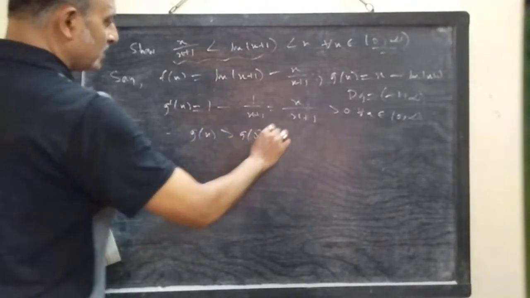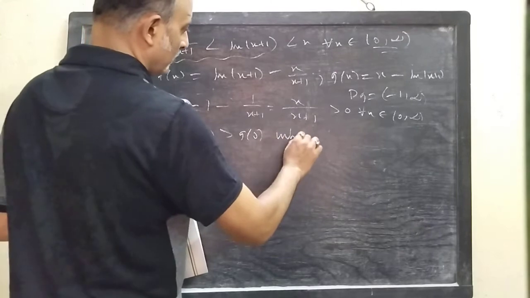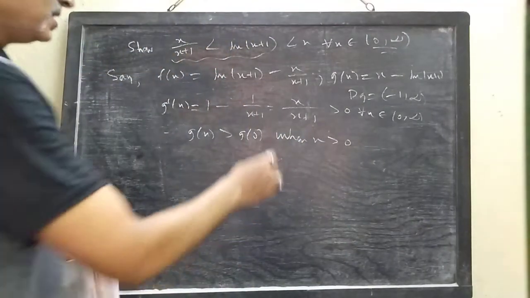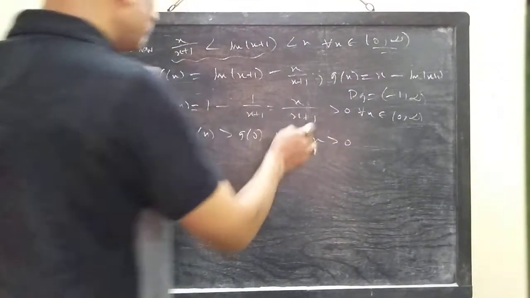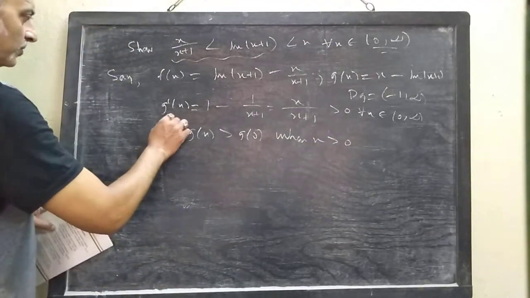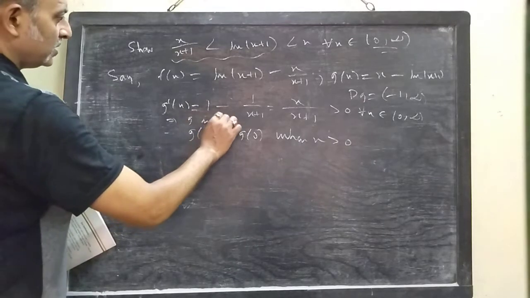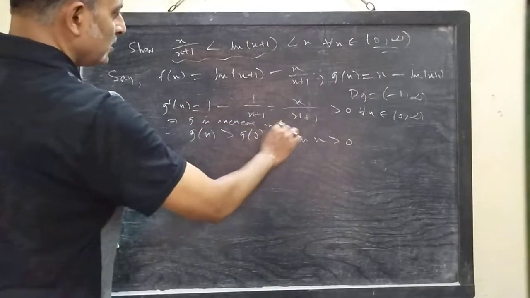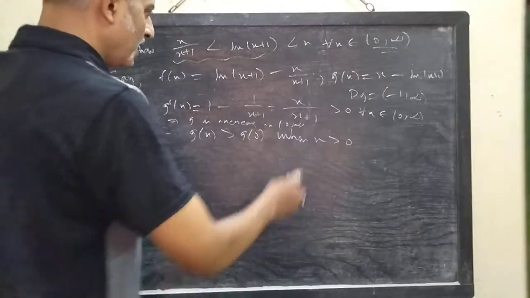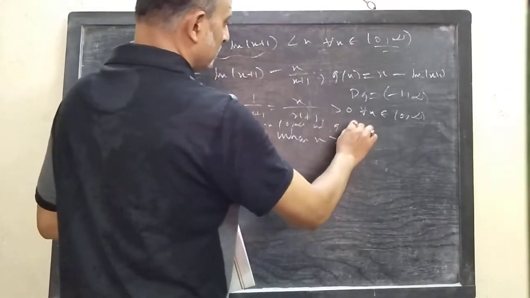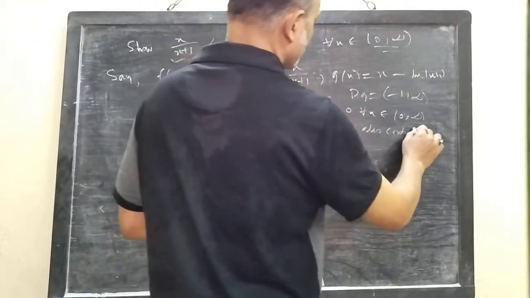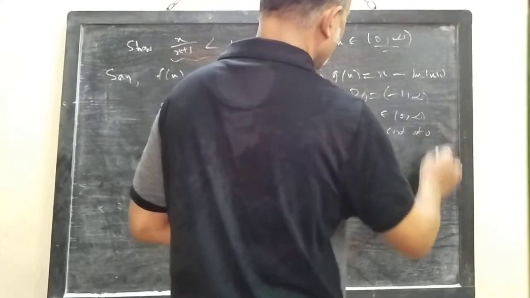So you can say g(x) greater than g(0) when x greater than 0, because g is increasing. You have shown g dash x greater than 0. So from this conclude g is increasing in 0 to infinity, and g is also continuous at 0.